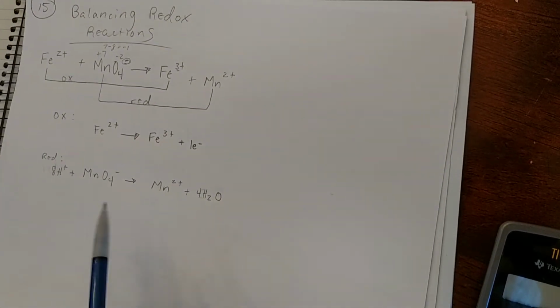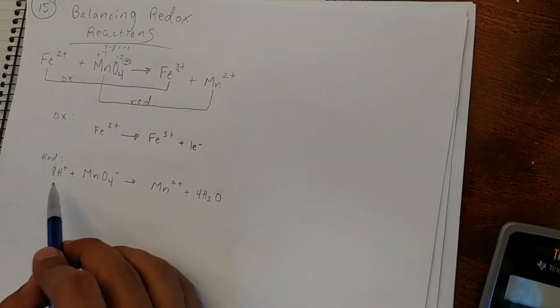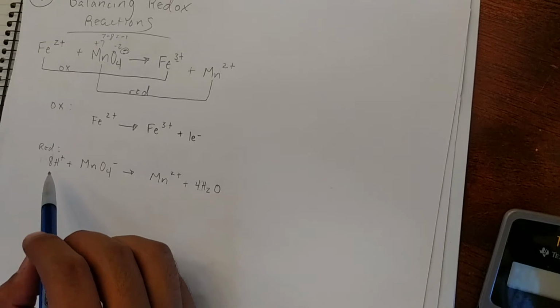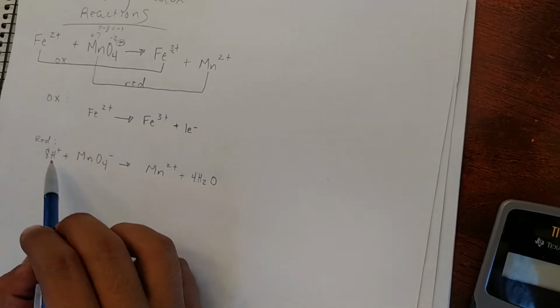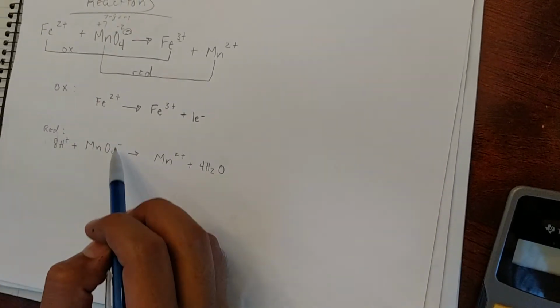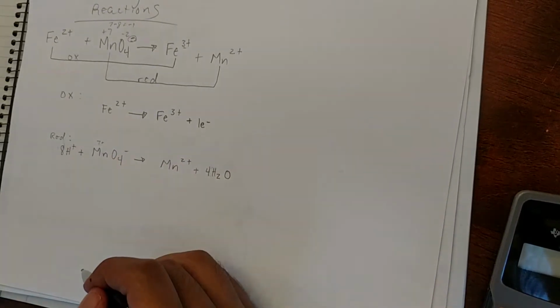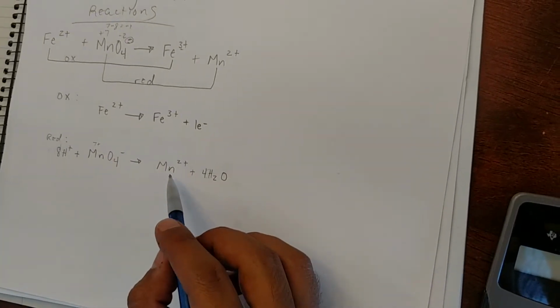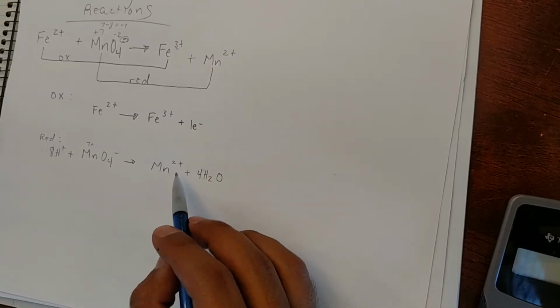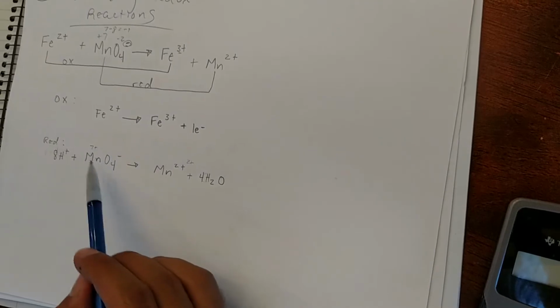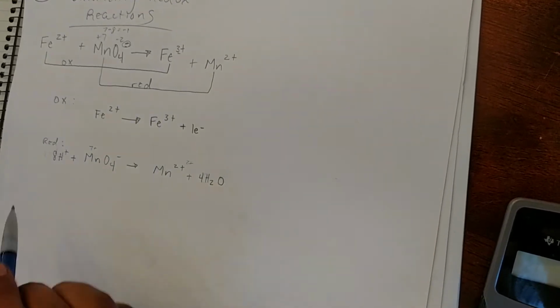Now we need to add our electrons. Over here we have an overall charge of 8+ minus 1, so we have an overall charge of 7+. And on this side we have an overall charge of 2+. We want this side to equal this side.